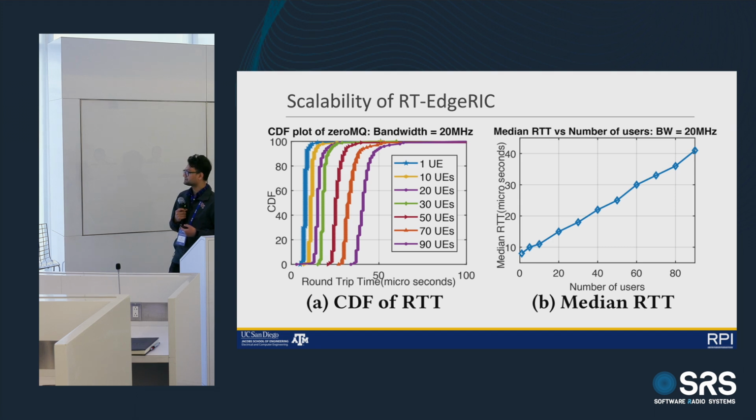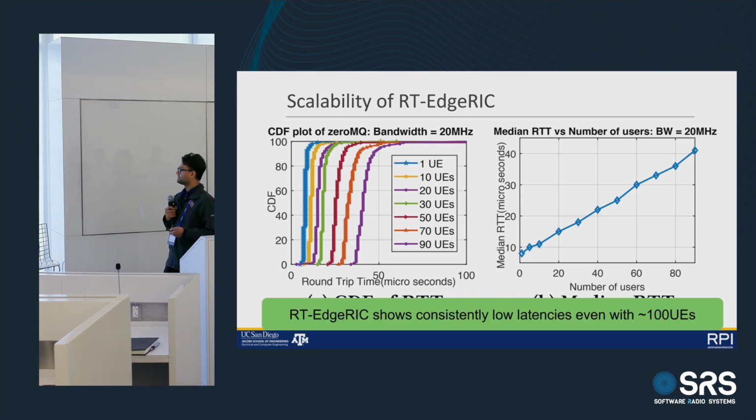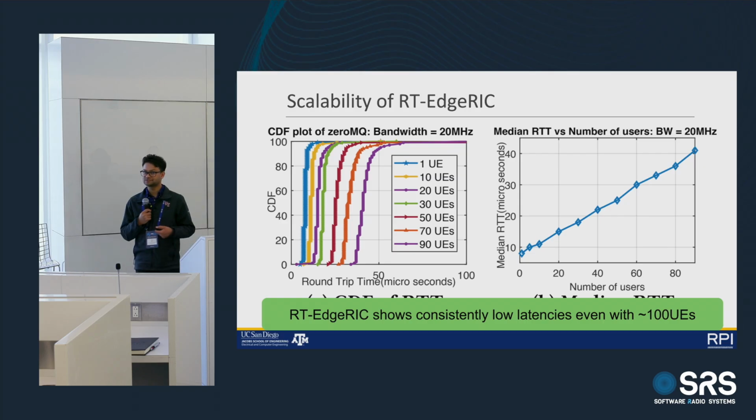These are some numbers on round trip time. You can see the CDF of round trip time, which shows that as you increase the number of users, the overall latency increases, but it remains within a few 50 microseconds, which is much less than a millisecond TTI. So you can scale to hundreds of users while still being able to support these policies in real time.